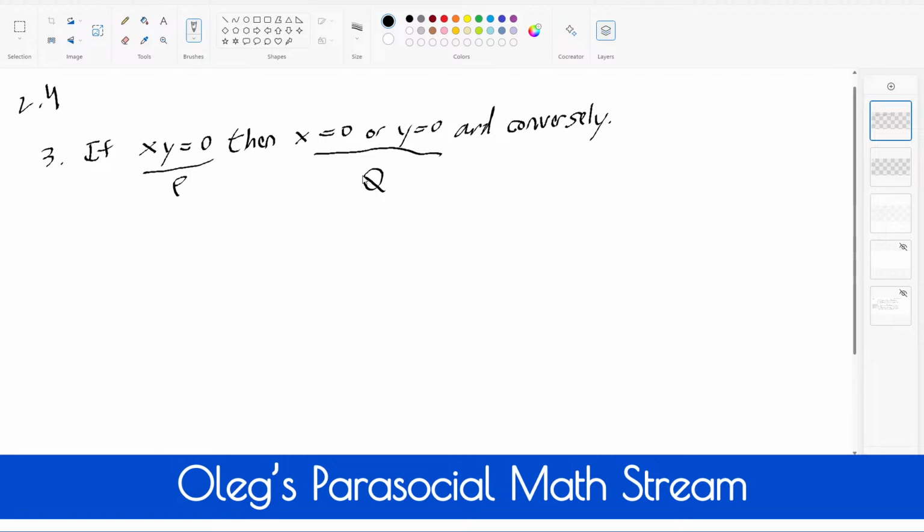Okay, now we're going to write it in terms of if and only if. We're going to say x times y is equal to 0 if and only if x is equal to 0 or y is equal to 0.